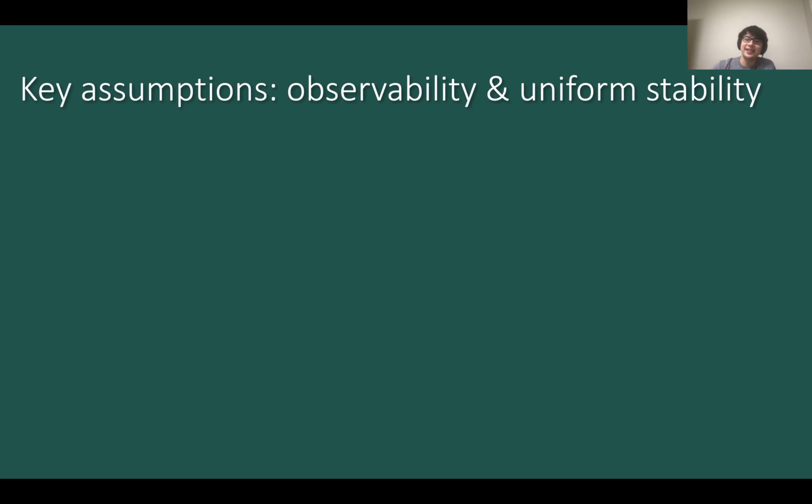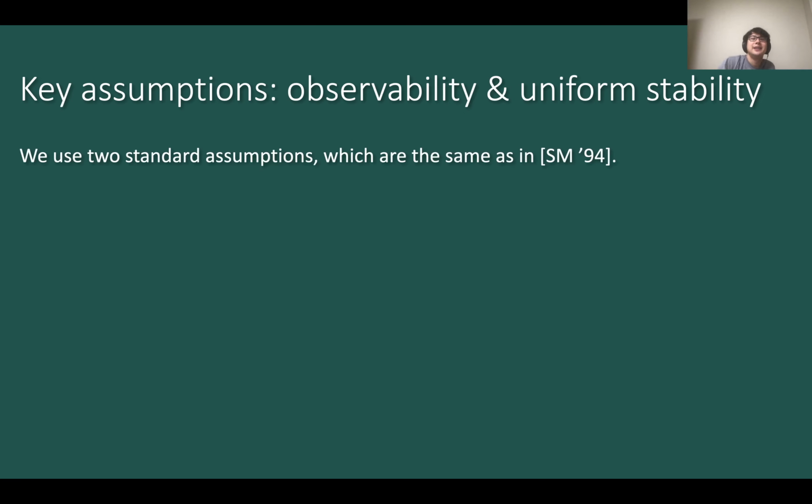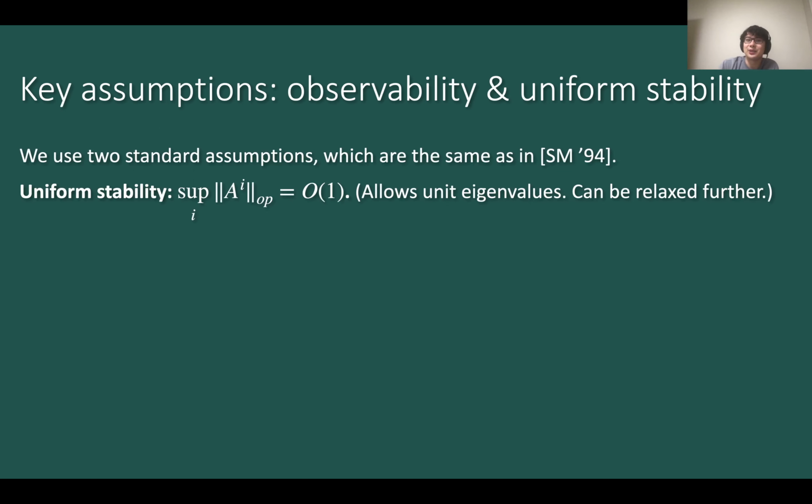Okay, now I want to discuss just a bit about the proof idea. So we're going to use 2 standard assumptions from the control theory literature. One will be uniform stability, which is saying that if I power the matrix A many times, it does not blow up. An important part about this version of the assumption is that it allows for unit eigenvalues. So this assumption will not, generally speaking, blow up as the eigenvalues approach the boundary of the unit disk. And this is the same assumption made in the stability of the Kalman filter literature and in Schick and Mitter's paper.